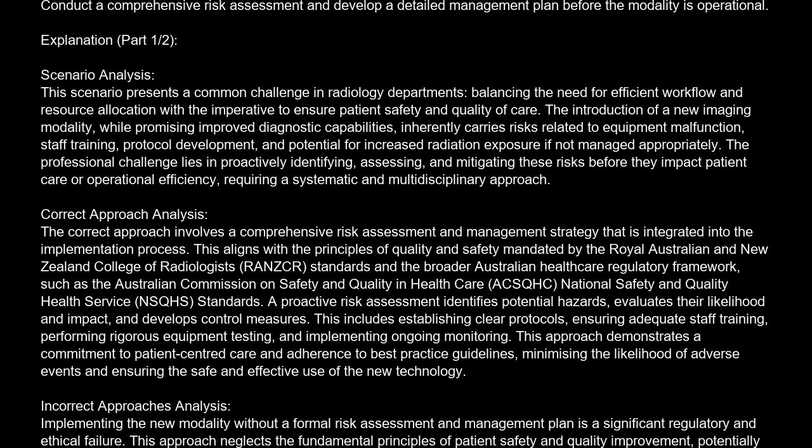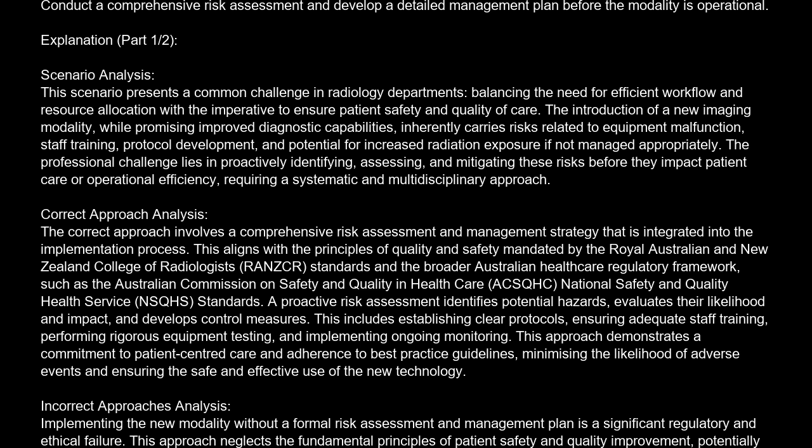The correct answer is B. Conduct a comprehensive risk assessment and develop a detailed management plan before the modality is operational. Explanation. Scenario analysis. This scenario presents a common challenge in radiology departments, balancing the need for efficient workflow and resource allocation with the imperative to ensure patient safety and quality of care.